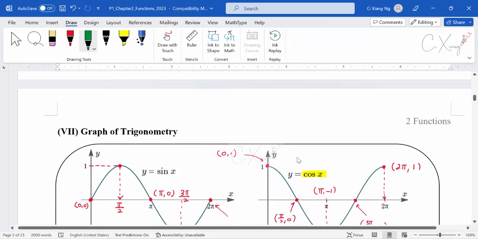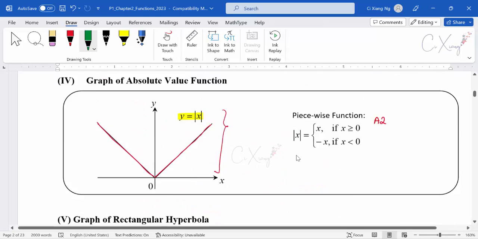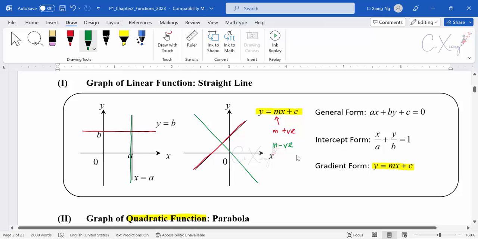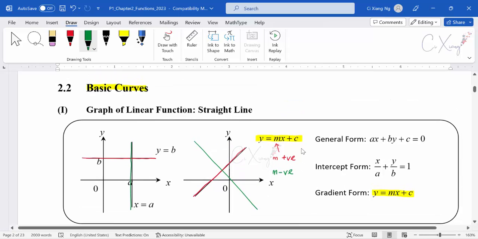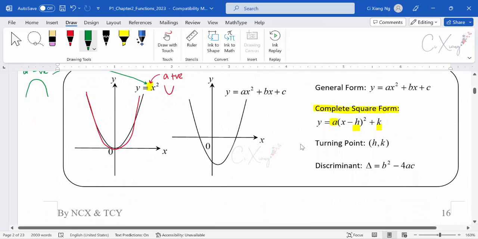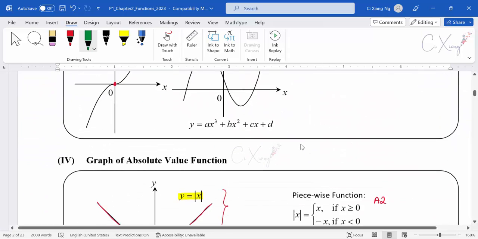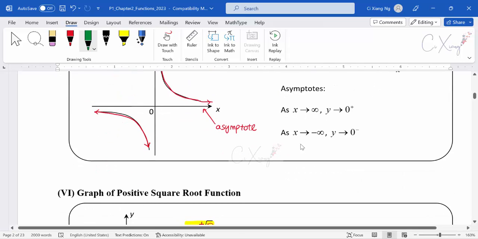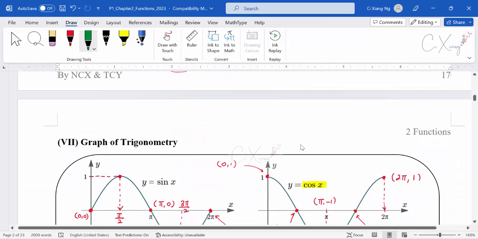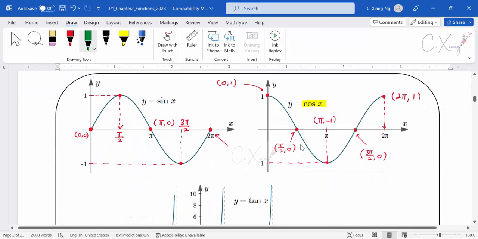If we know all the basic graphs, then when we want to identify the transformation, it will make our work easier. So if possible, try to remember all the basic curves and shapes of these functions. Then we will proceed to discuss more on the transformation of graphs in the next video.